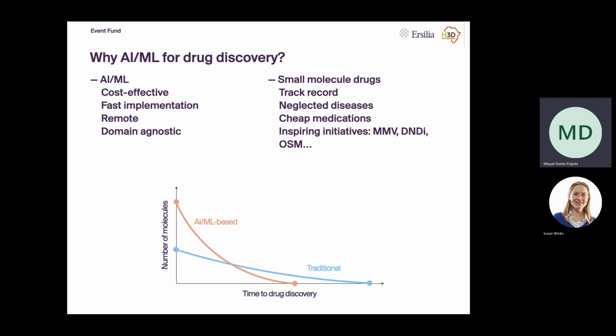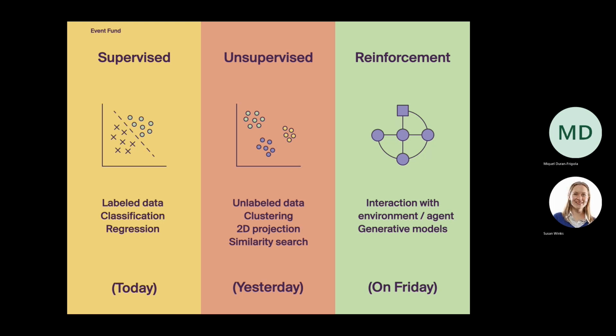The hope or the promise of machine learning is that we will be able to reduce the time to discover a drug, therefore decreasing costs, by increasing the number of molecules that we can consider computationally. So that's a bit what we are going to do during the sessions today: use these tools to screen, without doing any experiments, the compounds that look more promising, just by using the computer. So let's get into the topic.